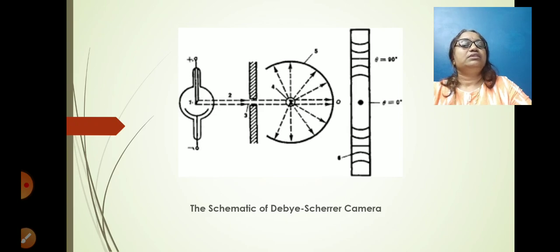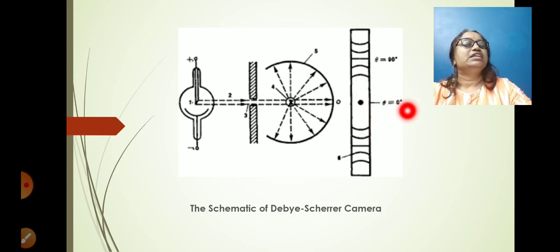Then this is another picture having a schematic of a Debye-Scherrer camera. This is an X-ray tube here, and the monochromatic X-ray of wavelength lambda 1.54 is incident. It is well collimated here. There is a slit, and here we can observe the diffracted or scattered X-rays, and this is the X-ray powder photograph which is obtained here, and this is the first circle's radius.